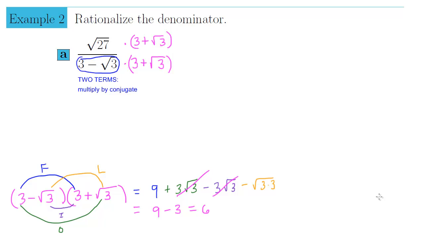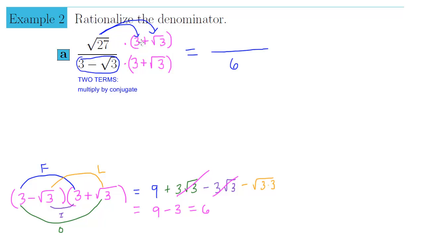So back up in our original problem, when we multiply the top and bottom of the fraction by the conjugate, the product in the denominator is just going to leave us with 6. Right, that's what we calculated down here. Which means in the numerator, we have to actually do some more work.